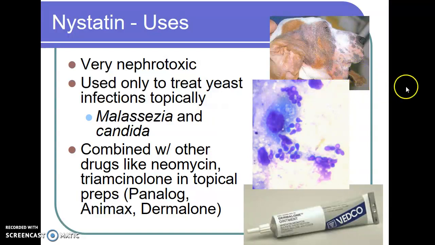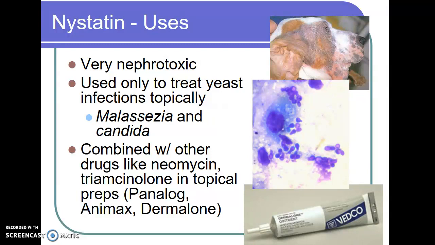If you're in a humid area and it holds that wetness against the skin, yeast can easily be part of an ear infection. So it's not uncommon to have this drug combined with neomycin, triamcinolone in some topical types of ointments.